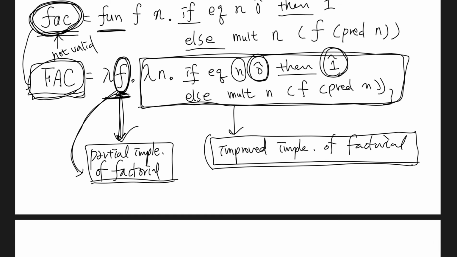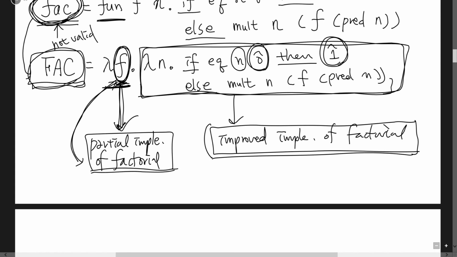So let's provide some silly function for argument f, which is lambda n dot omega. This function is really silly because it takes an argument and the function body never returns. We learned that this omega expression never returns. Its reduction never terminates. So this is a really useless function.